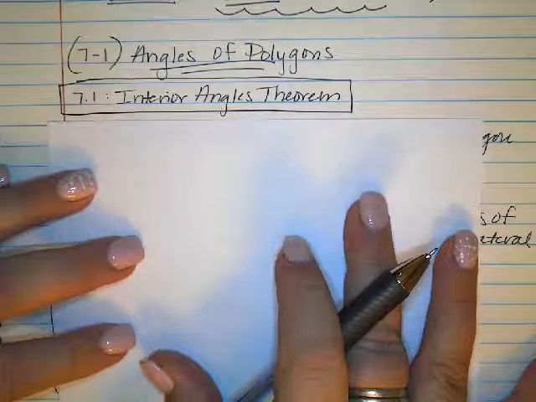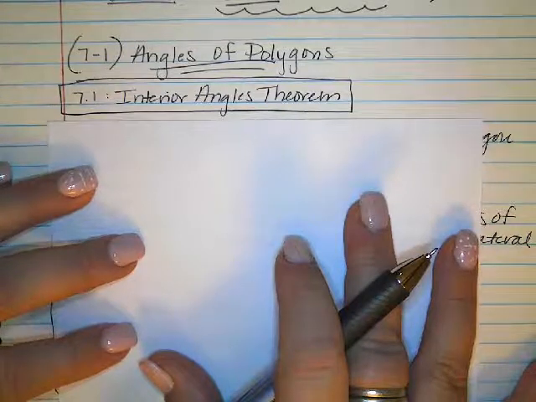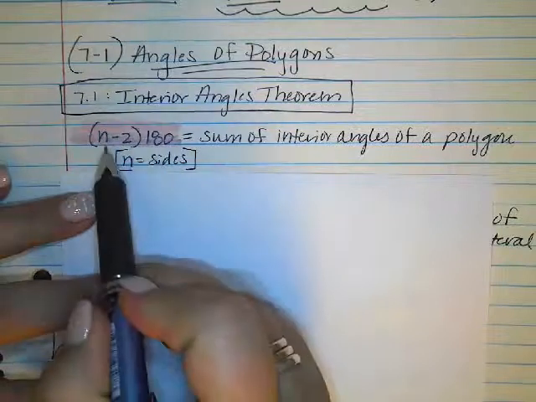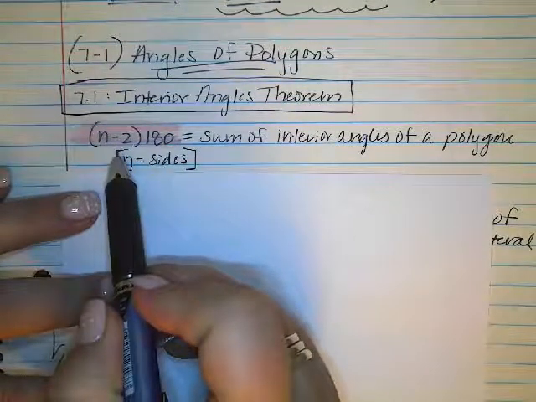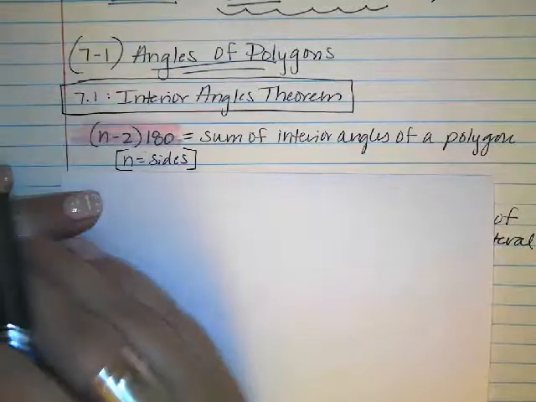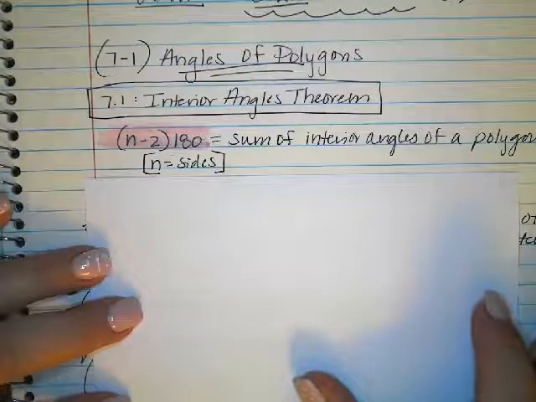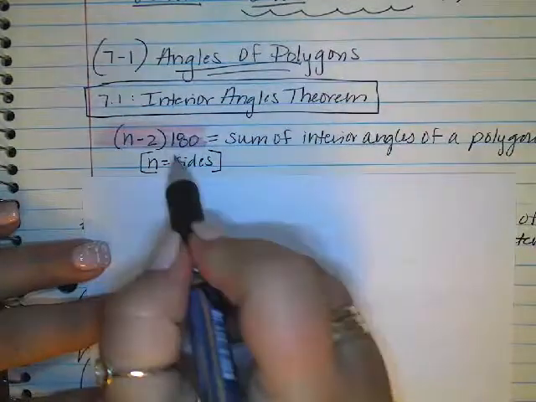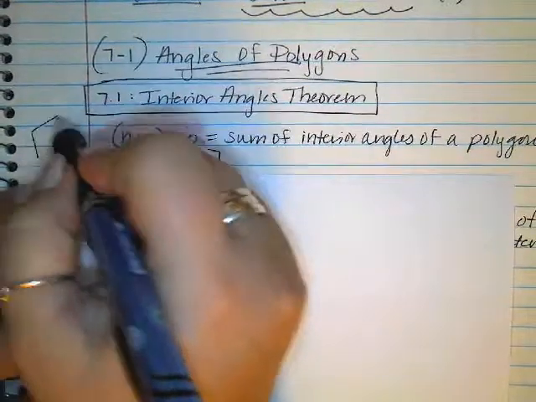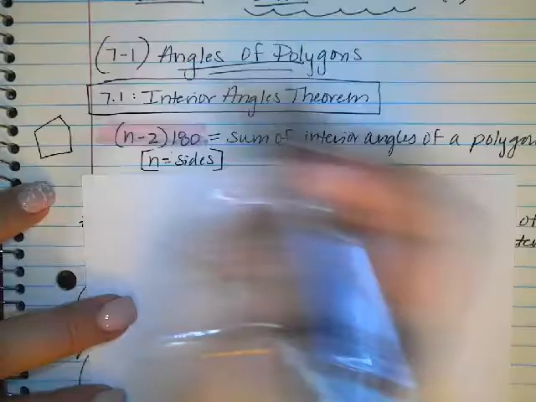The first theorem is 7.1, and it's about the inside of the polygons, those interior angles. What it tells us is the number of sides minus 2 times 180 is the sum of the interior angles of a polygon. So what it's basically asking us is how many triangles there are. And actually we kind of did this in middle school, if anybody remembers.